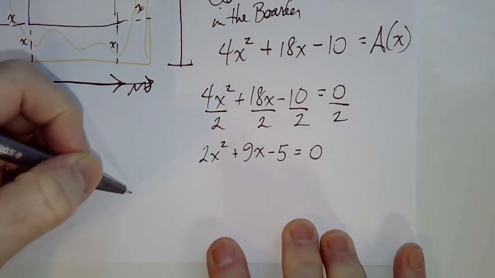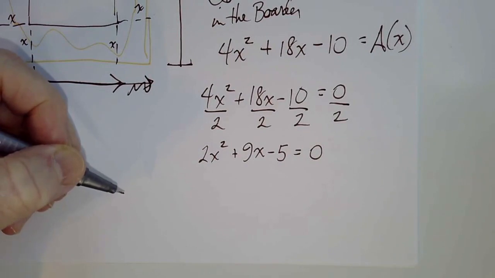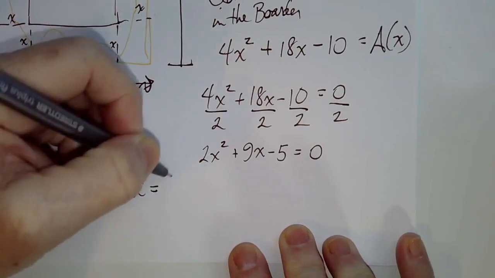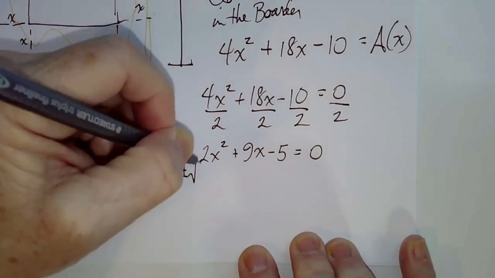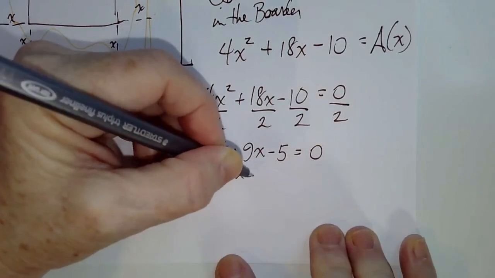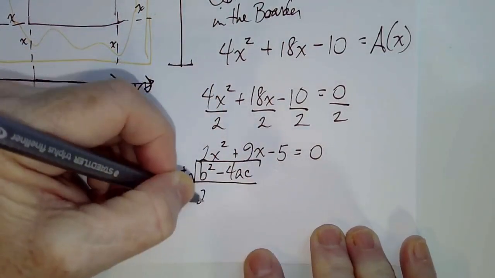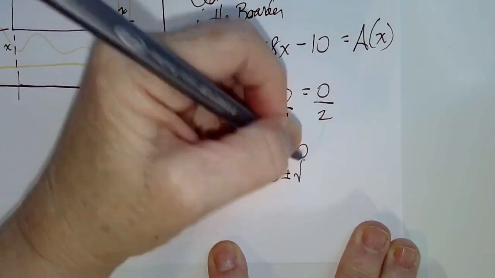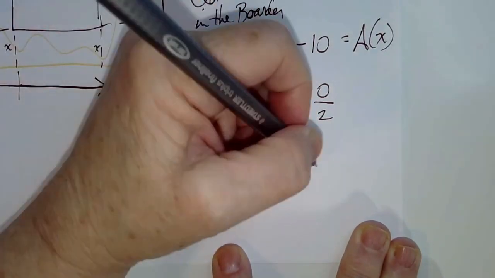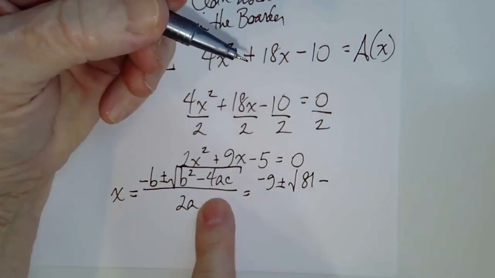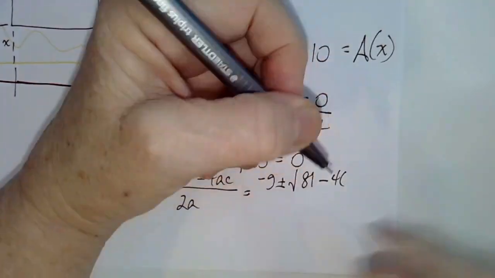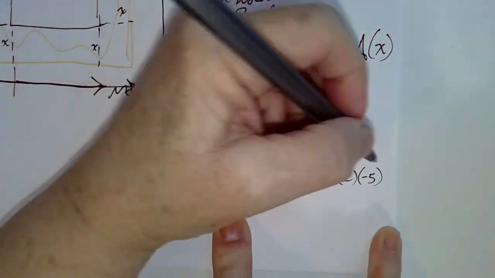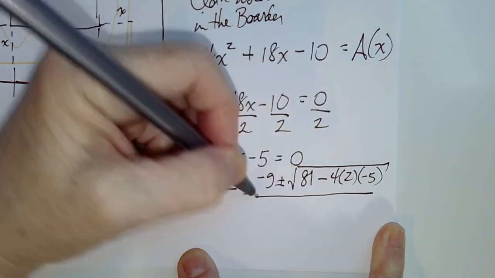The quadratic formula will give us both intercepts, but only one of the intercepts is going to be meaningful. So we've got x is equal to negative b plus or minus the square root of b squared minus 4ac, divided by 2a. b is 9, so negative 9 plus or minus the square root of 9 squared, I'm just going to write 81, minus 4 times a times c, and 2 times a.